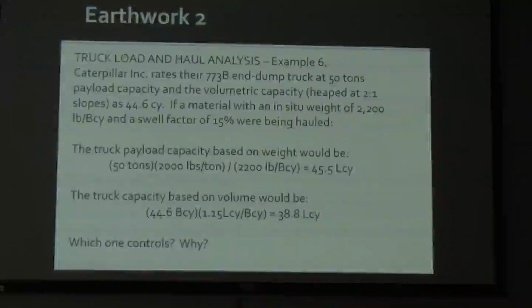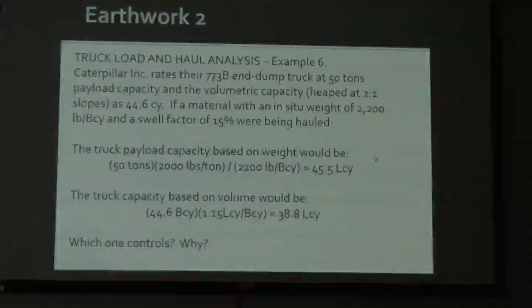So what controls is the one with the least. Its least capacity is 38.8, so it's only going to carry 38.8 loose cubic yards. It will not be able to haul 50 tons of material. And in this one compared to the one before, what do we see differently? Well, we see a much lower density and a much smaller swell factor.